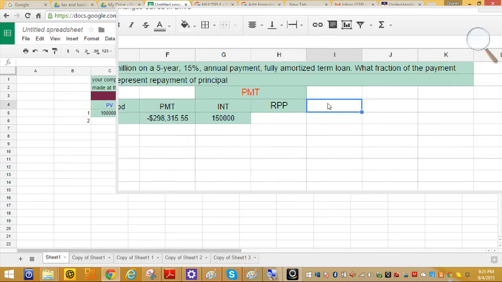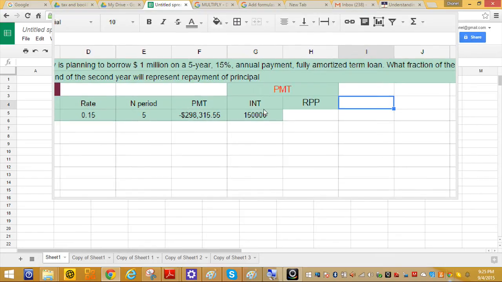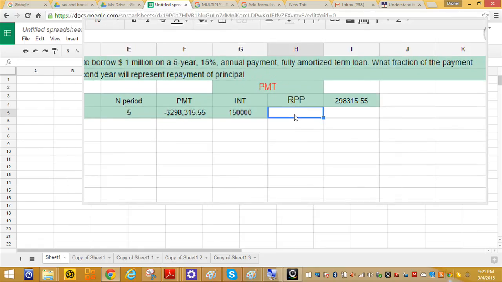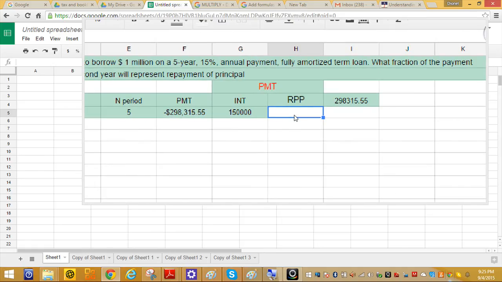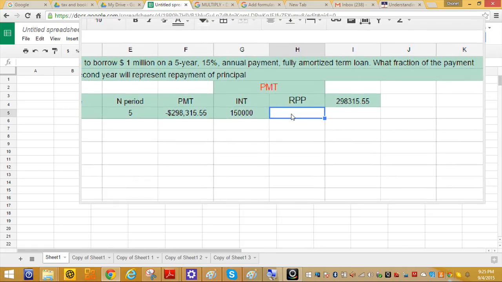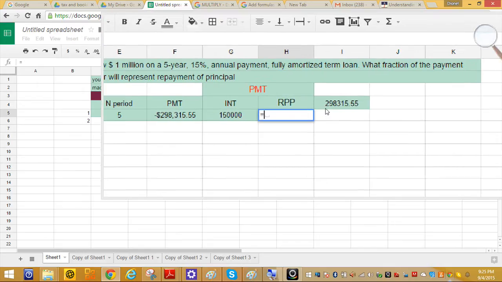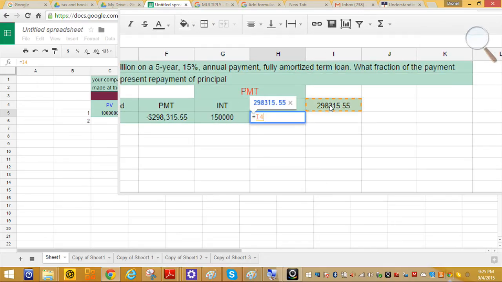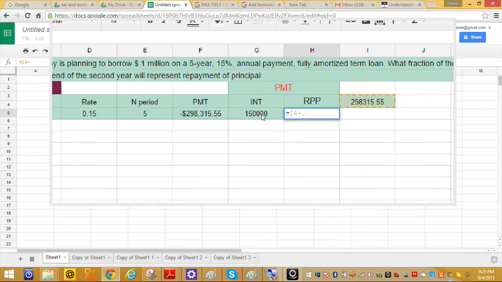Let me put the payment positive so that I can do it here: 298,315.55. So the repayment is gonna be the payment minus the interest.